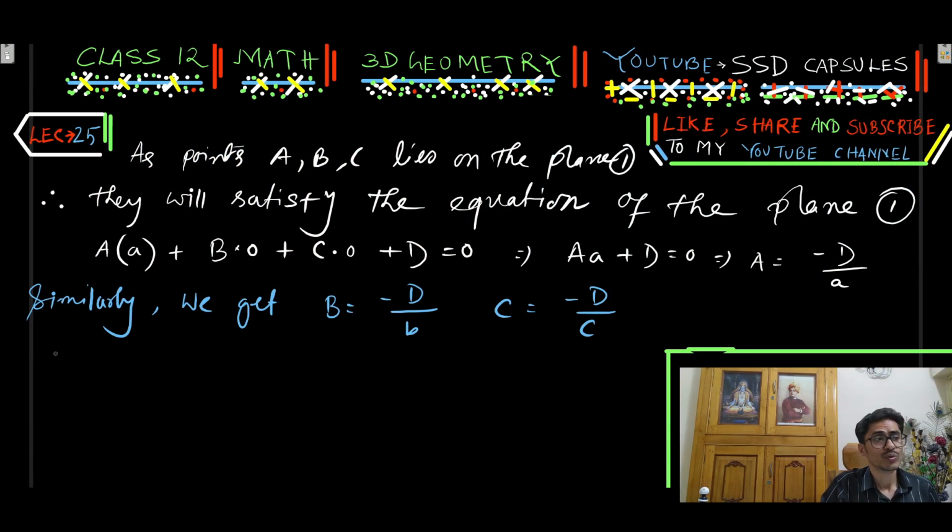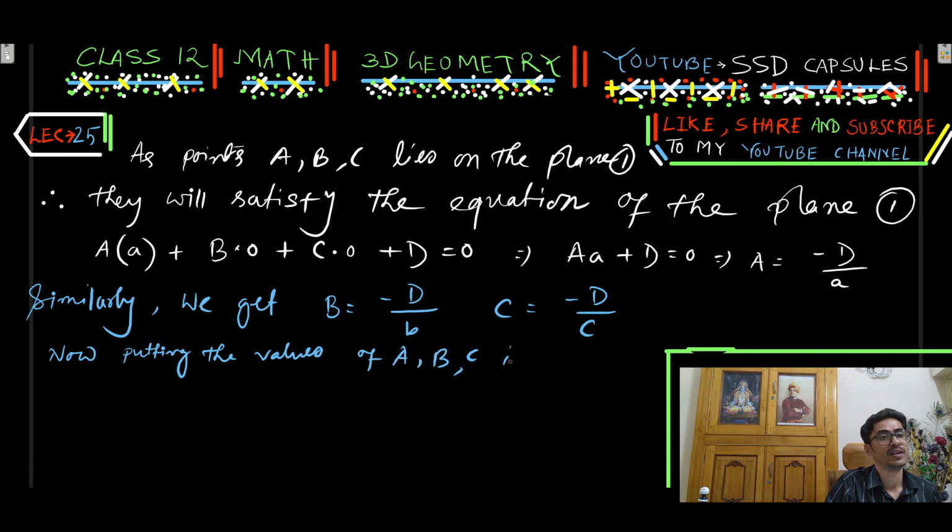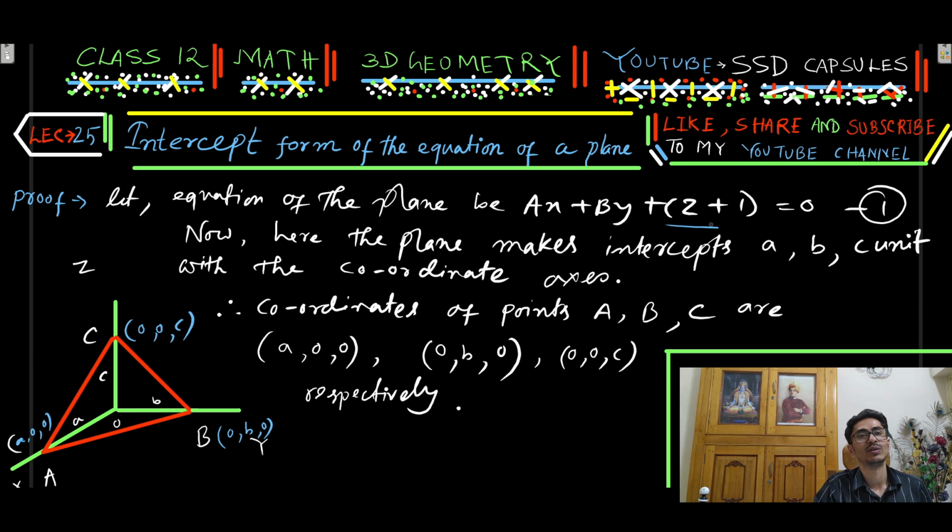Okay, now putting the values of a, b, c in equation 1. What is equation 1? Ax plus By plus Cz plus D equal to 0.